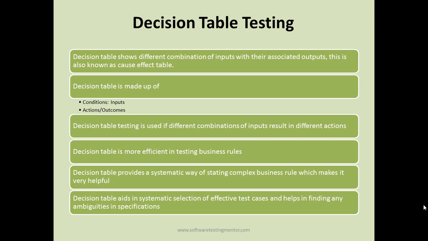That way you can figure out if all the combinations or conditions or inputs are being captured and the relevant outcome for those conditions has been captured in the table. If there is something missing in the table, that means there are ambiguities in the requirement which you can clarify.